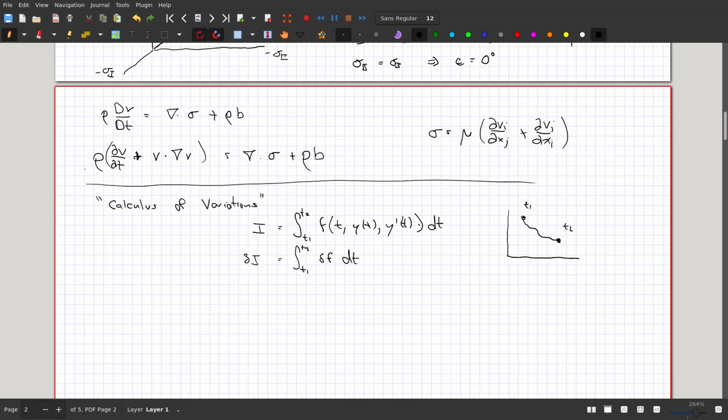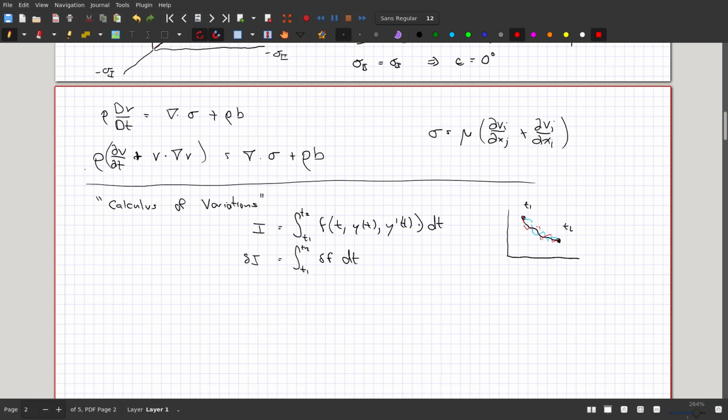But the way you do that is you take these variations, and these variations are truly arbitrary. They're just other potential paths that you could take. You can think of them like a family of other potential paths between T1 and T2. And then when you solve for the minimum of them, it will give you the actual path between T1 and T2.